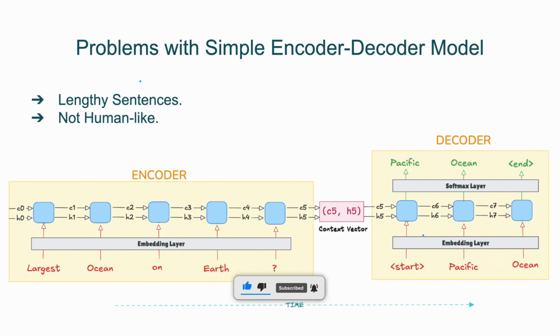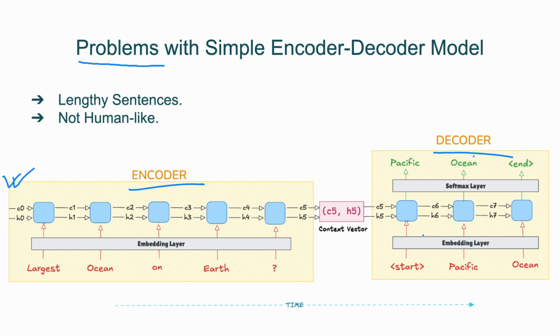Before diving into the attention mechanism, let's first understand the problems with the simple encoder-decoder model. This will help us understand why we need the attention mechanism and how it's helpful. We saw this encoder-decoder model in the last video. The first component is the encoder, then we have the decoder, and in between we have the context vector.